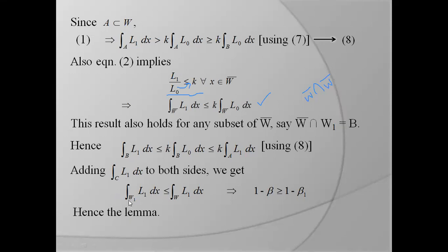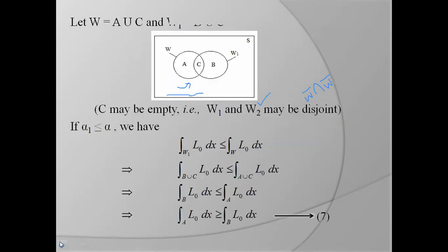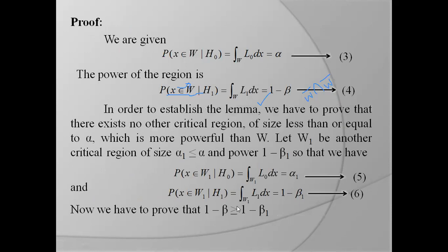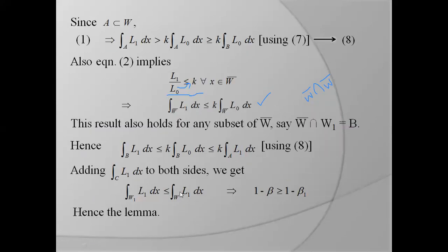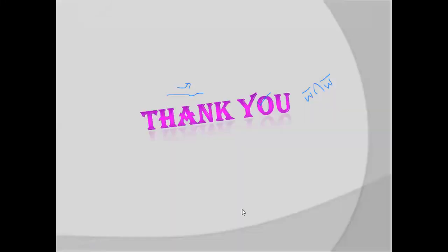For this value, we have 1 minus beta 1 over W1 and 1 minus beta over W. So 1 minus beta is greater than or equal to 1 minus beta 1, hence the lemma. That's all. Thank you.